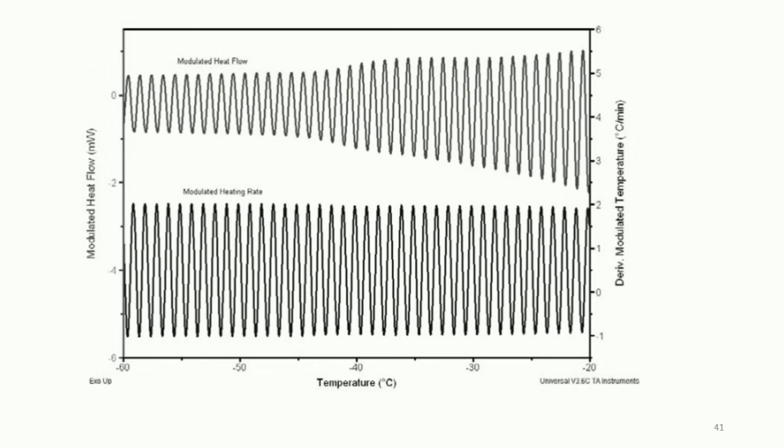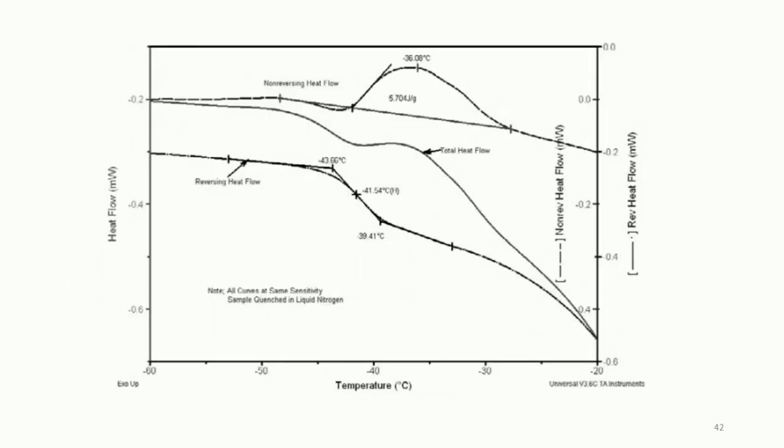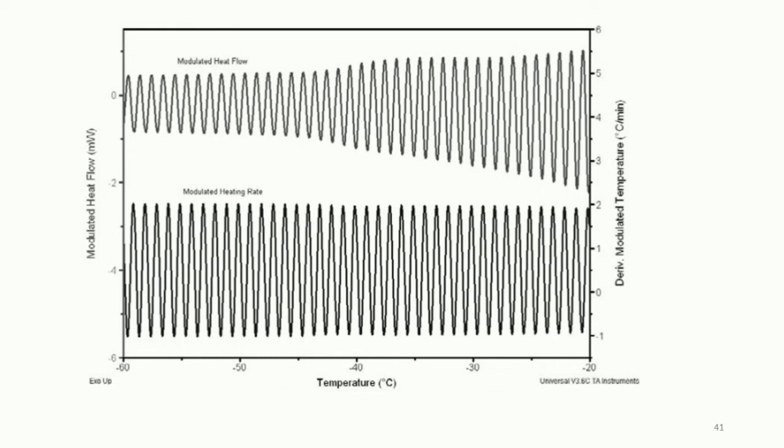This figure shows the raw modulated heating and modulated heat flow signals from a modulated differential scanning calorimetry experiment, which is performed at an average heating rate of 0.5 degrees Celsius per minute on a frozen solution of 40% sucrose in water.